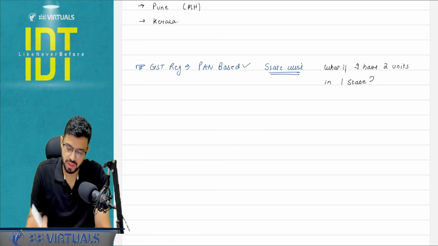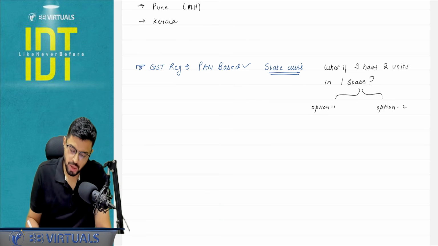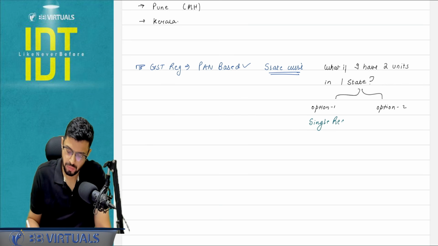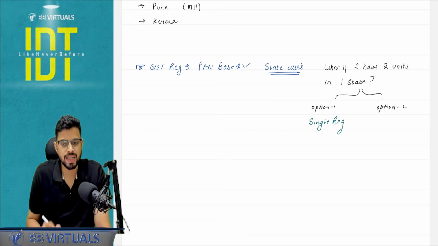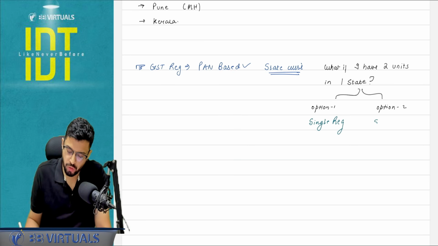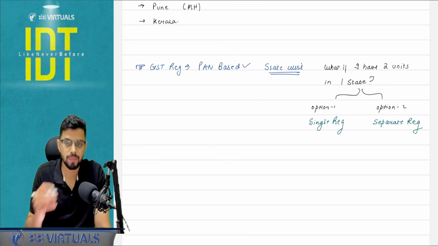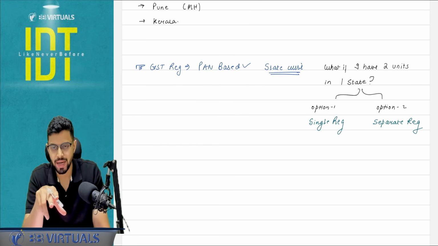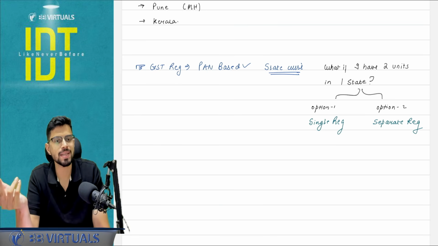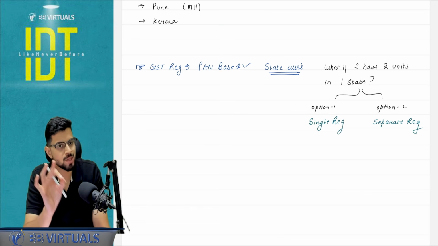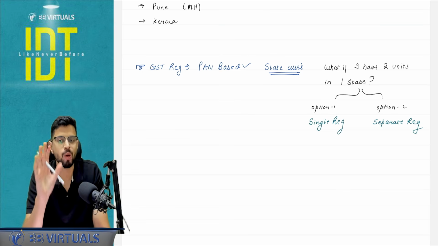Now here I have 2 options with respect to registration. Either you can go for a single registration, or you can go for separate registration. That in one state you can go for multiple registrations as well. This is purely your business call, how you need to operate it.